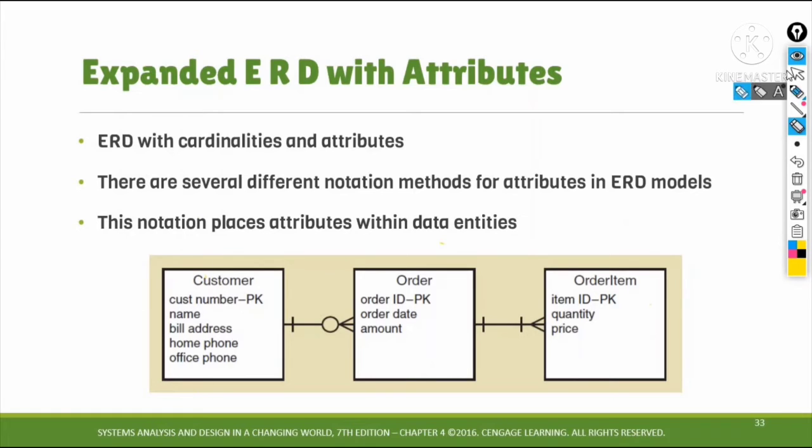So this figure right here shows the model expanded to include the order items. One or more specific items included on the order. So each order contains a minimum of one and a maximum of many items.